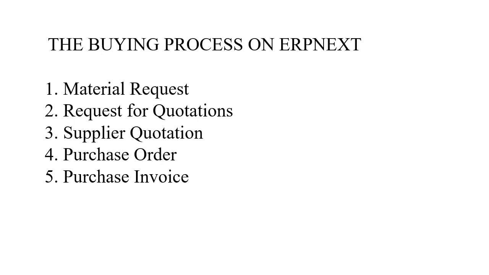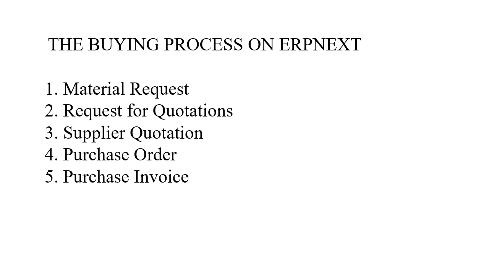Number 3, where we are right now, is a supplier quotation. So we will be creating the supplier quotation, which is at number 3, from number 2, which is the request for quotation. After supplier quotations, the next video will cover purchase order, and then the last one, purchase invoice.